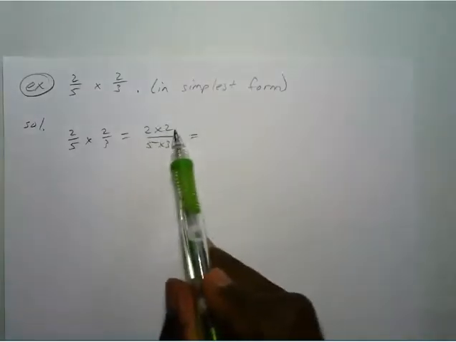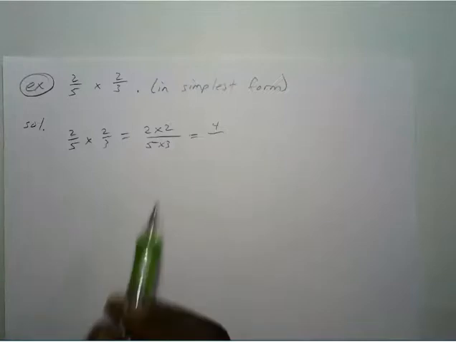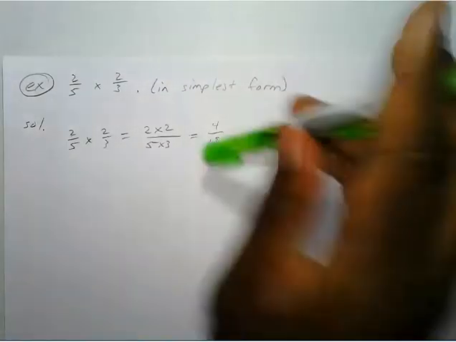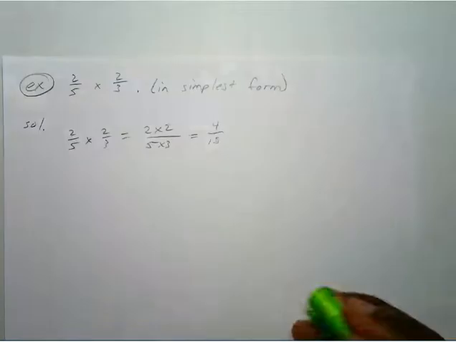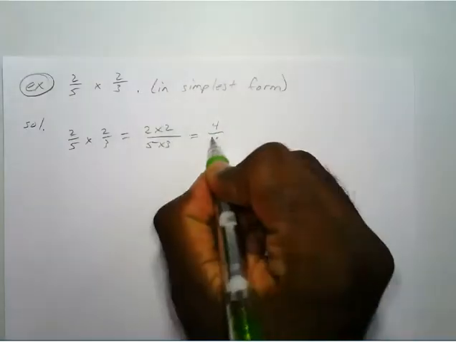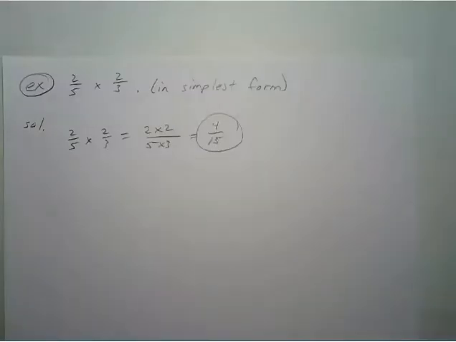So 2 times 2 is 4, and 5 times 3 is 15. Let me clean that up a little bit. And that is actually in its simplest form. You can't simplify it any more than that.